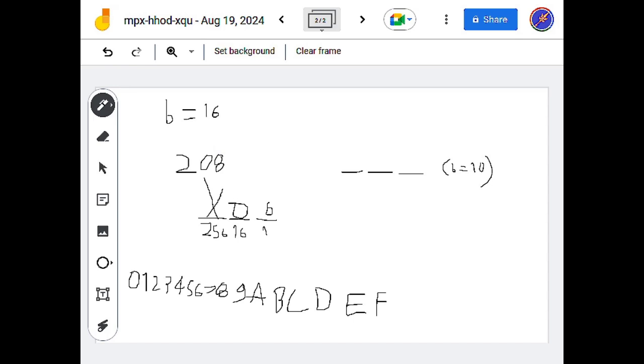Plus, that's our 16s, plus 6 1's, or 6. 208 plus 6 gives us 2 100s, 1 10, and 4 1's. So it's 214.